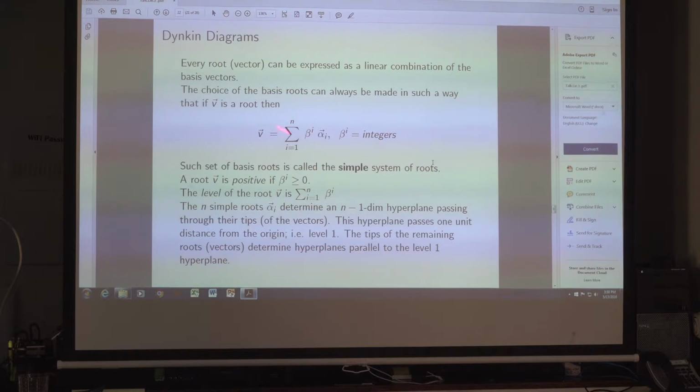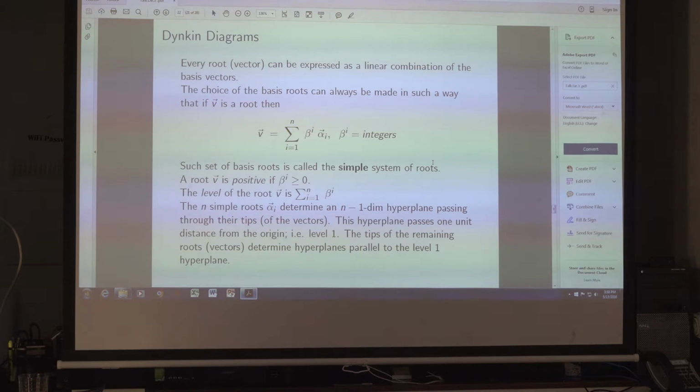And all the other roots will involve linear combinations of the simple roots. The level of the root is given by summing all these numerical coefficients. So the root with the highest level will be the root whose numerical coefficients are higher and higher. If you have root 1 trillion, obviously it will involve a linear combination where these coefficients have a very high weight.